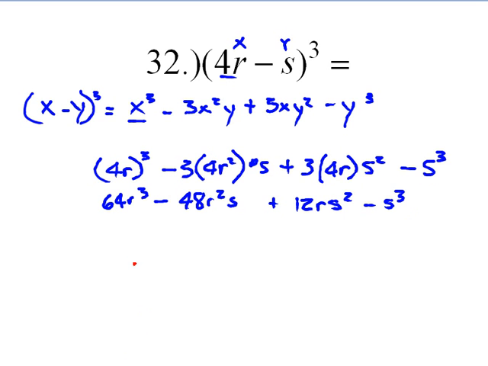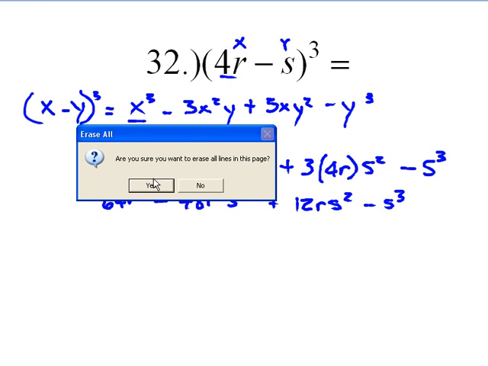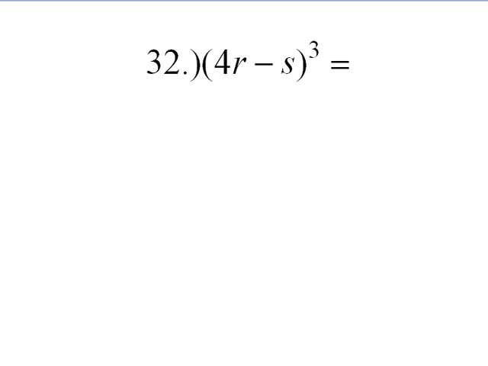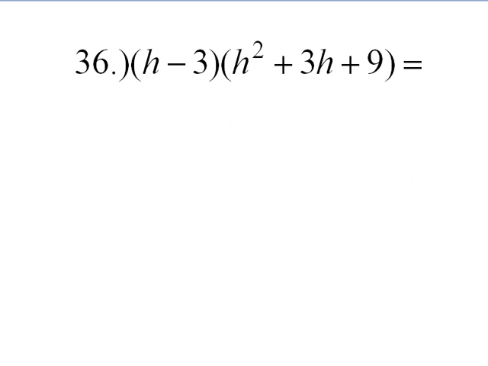Alright, now let me take you through one more that puts it in this format, and we will end up with the cube. Alright, here we are. Recognize the other format.